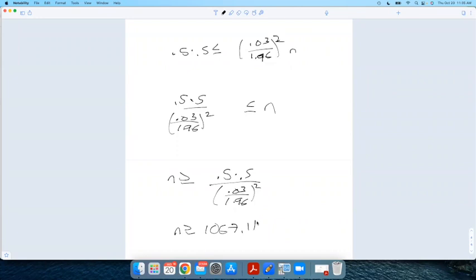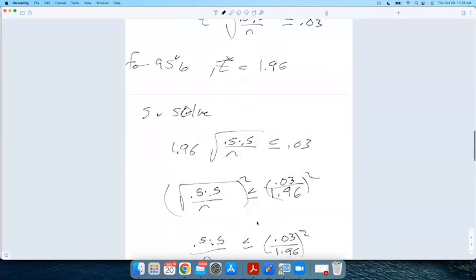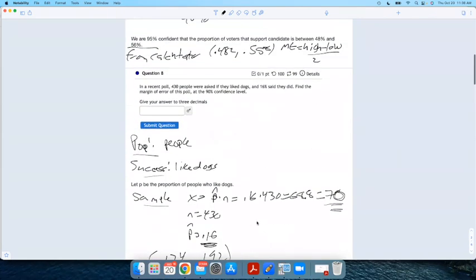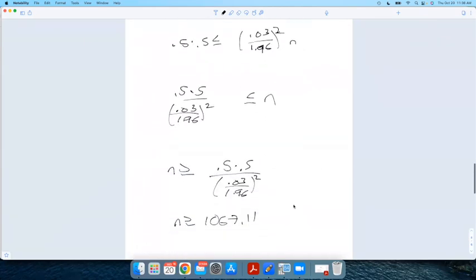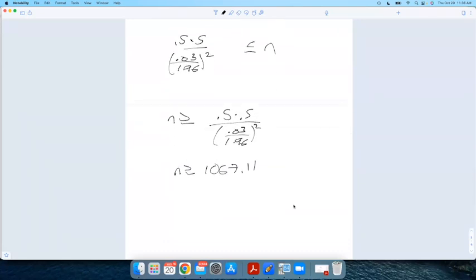So n has to be bigger than this. n has to be a whole number here, and we can't just use normal rounding rules. Up here when we had that issue with x, we just used normal rounding rules. This is different. n has to be bigger than 1067.11, and you can't have 0.11 people. We have to round up here because it says bigger than.